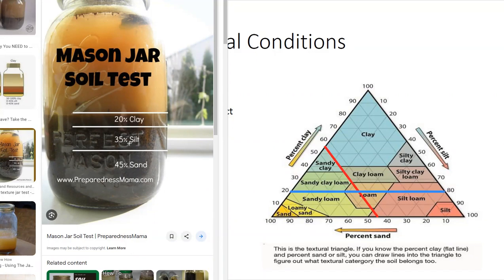And then my 35% silt, I'll use yellow for that. And where those 3 lines cross is right there. That's a loam soil. So really easy to figure this out, practically free.